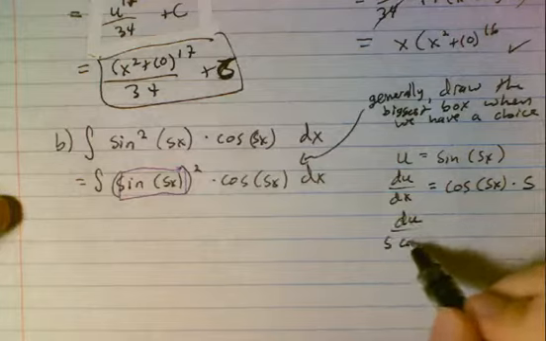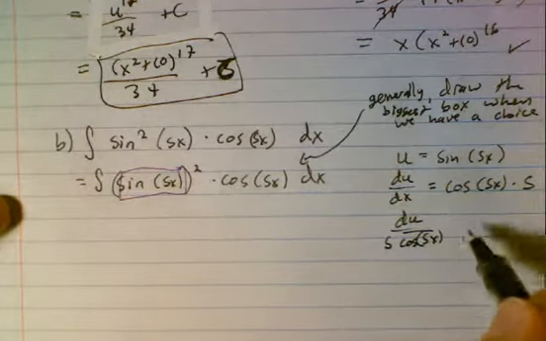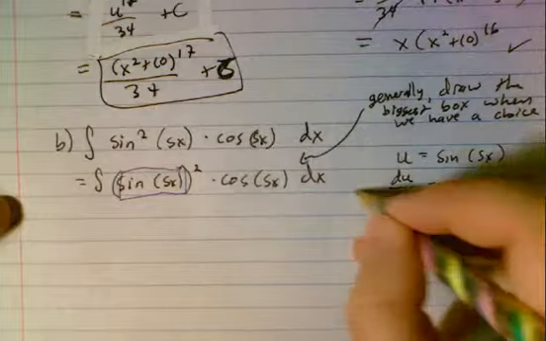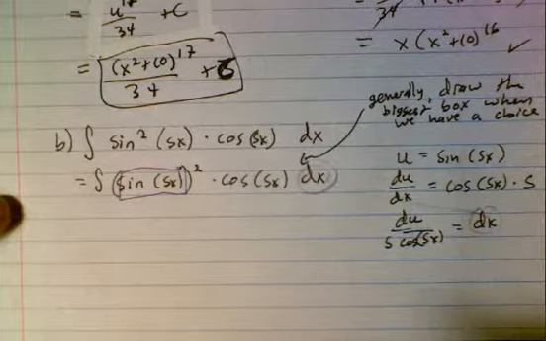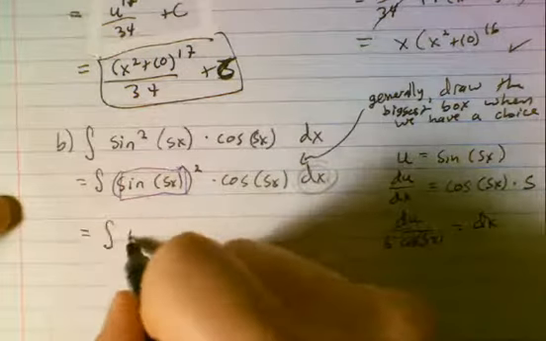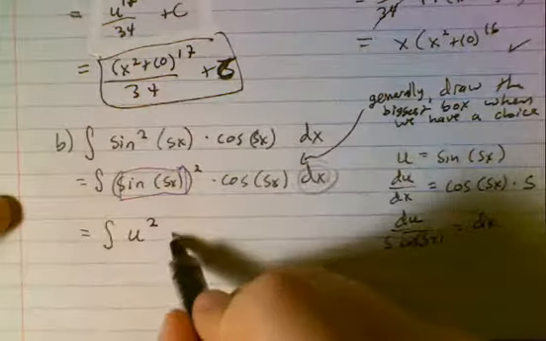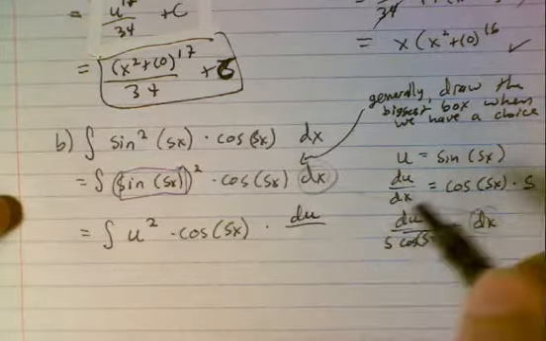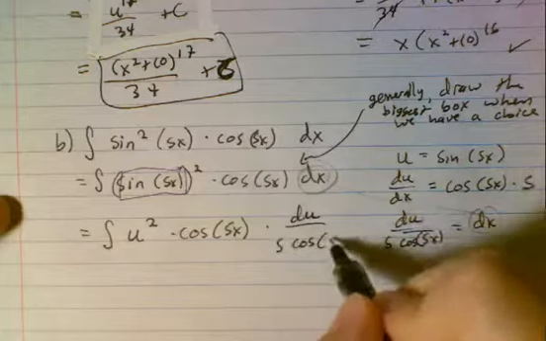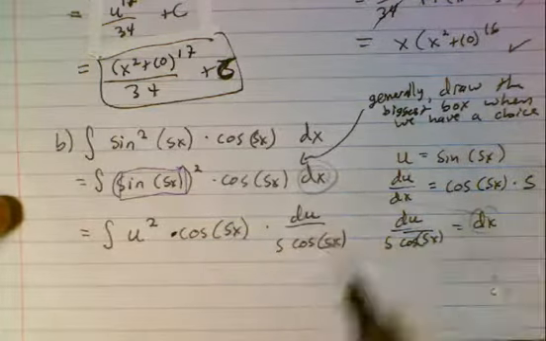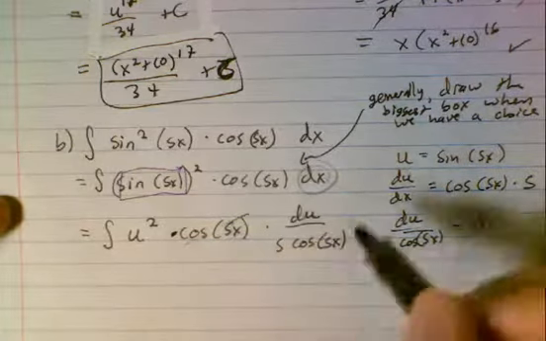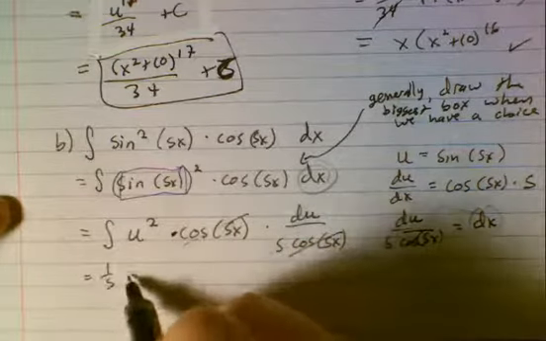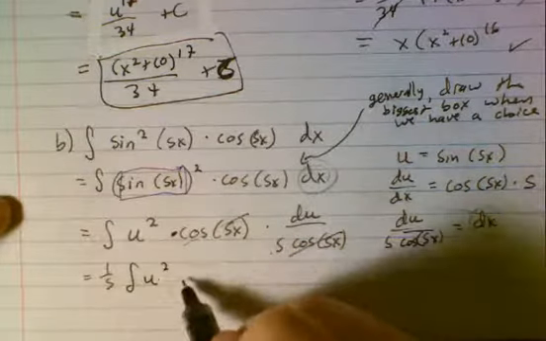So du over 5 cosine 5x equals dx. Put that back in there. So we've got the antiderivative of u squared cosine 5x times du over 5 cosine 5x. Now these cosine 5x's cancel out. This is a 1/5, so we have 1/5 antiderivative of u squared du.